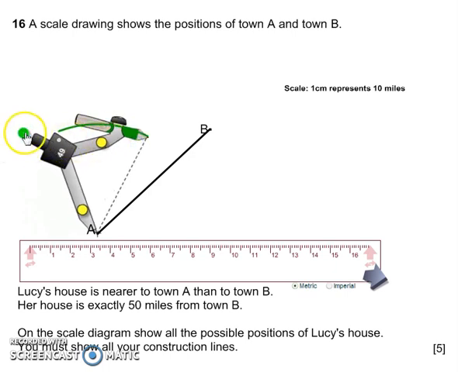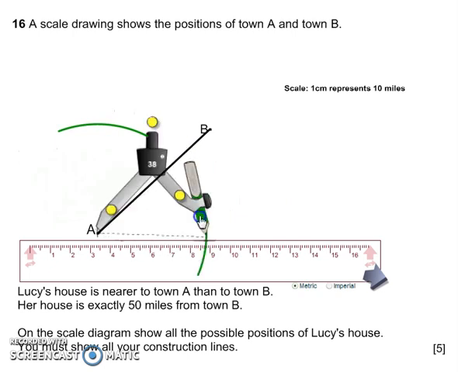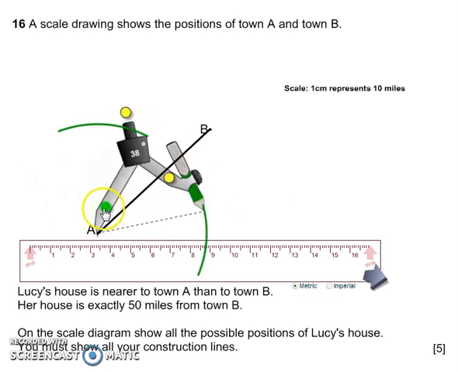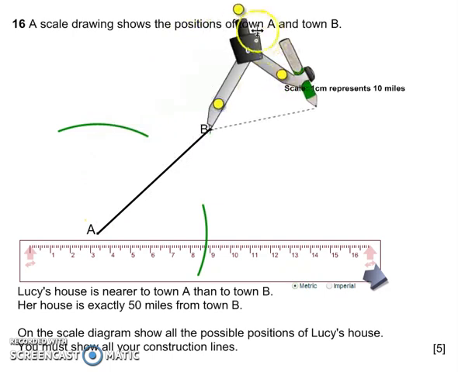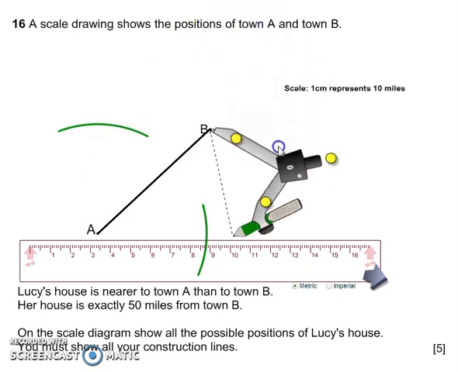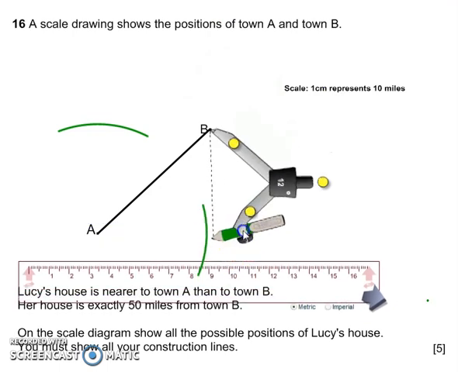Okay, so there's an arc, and then I'm going to do it on this side as well. There's another arc. I'm then going to pick up the compass, and I'm going to put it on point B, and I'm going to do exactly the same thing. So just spin that round, and then an arc, so it goes over, just move the ruler out of the way, it's in the way.